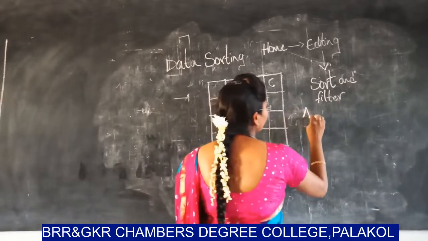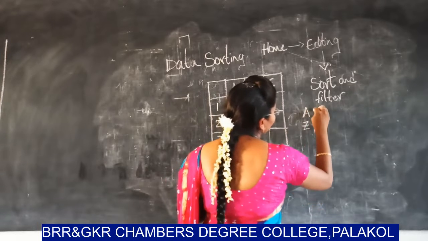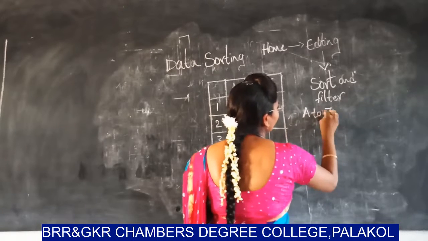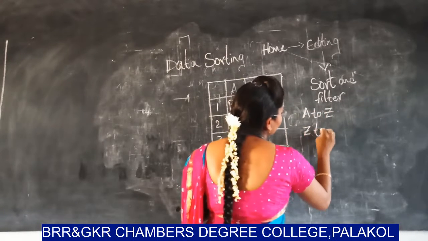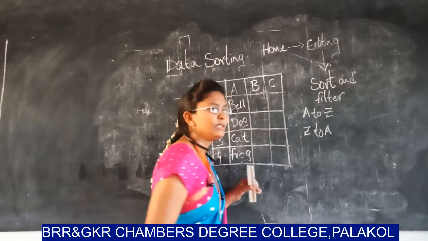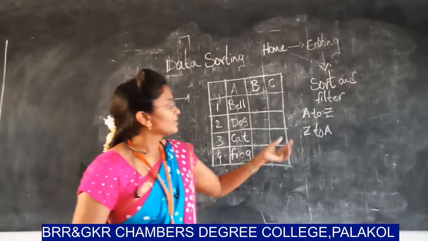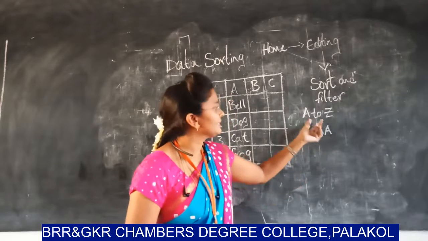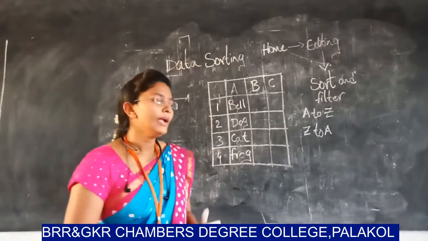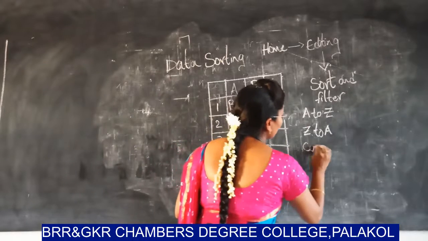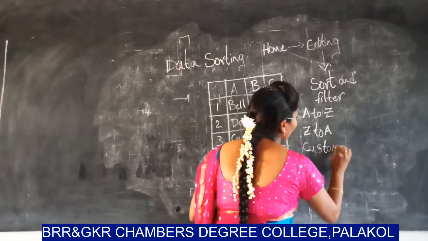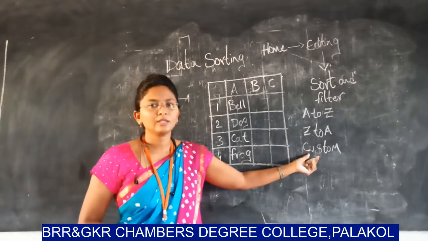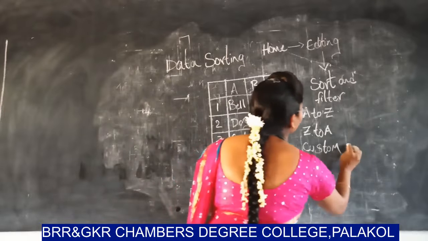First one is A to Z. You can take it as A to Z and Z to A. That means sort A to Z or sort Z to A, that is ascending order and descending order. And the next one is custom sort. After ascending and descending order, there will be a custom sort and then filter.